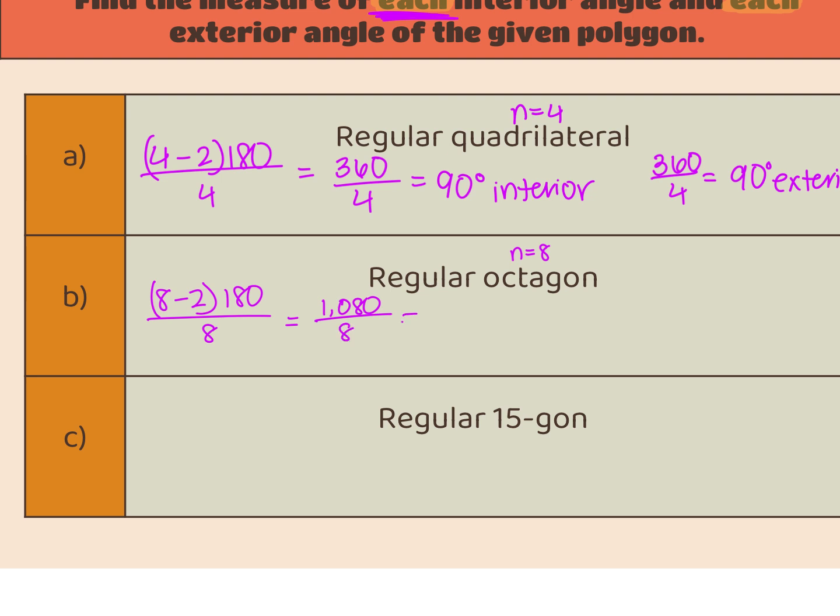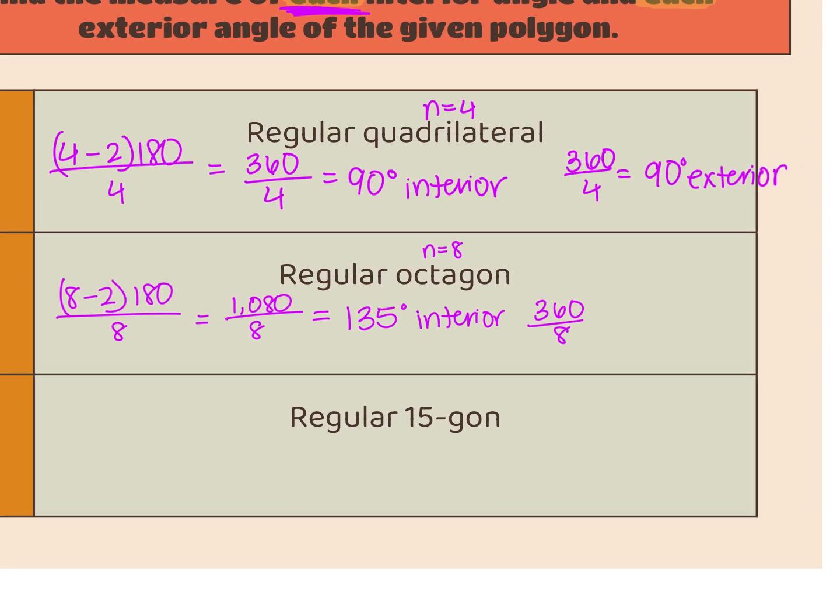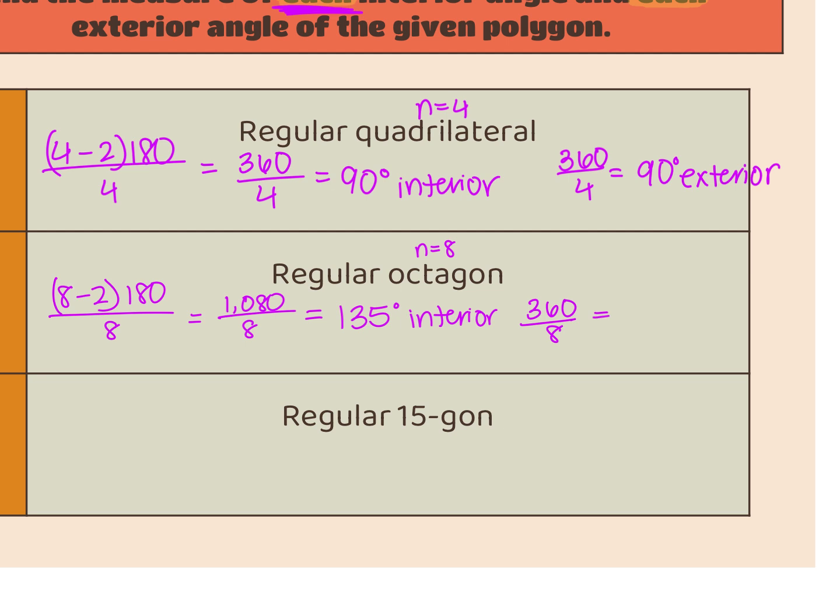Dividing that by 8, that's going to give me 135. And that's for my interior. Again, that's each interior. And then I'm going to take 360, divide it by the number of sides, which is 8 again. And that's going to give me 45 degrees for my exterior.